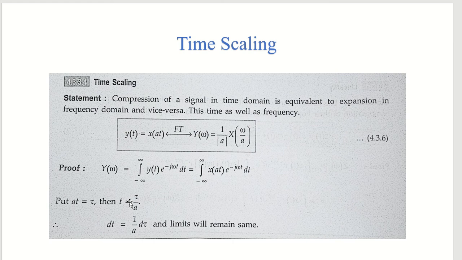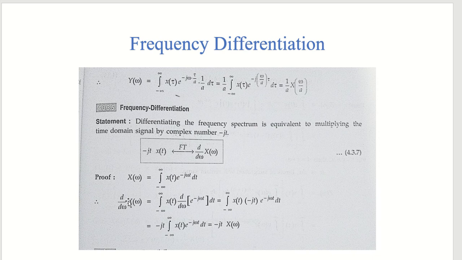By doing this, you will get this 1 by a in front here, and except for that you are substituting a t equals tau, so x of tau e raised to minus j omega, and we write t equals tau by a, so we write tau by a.